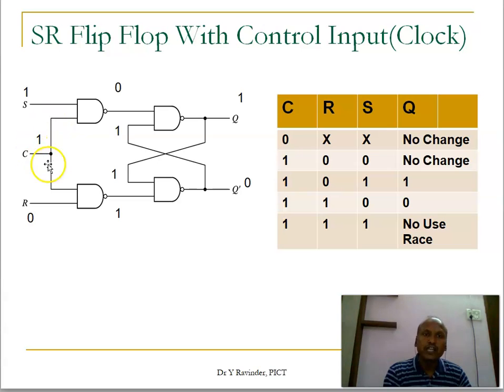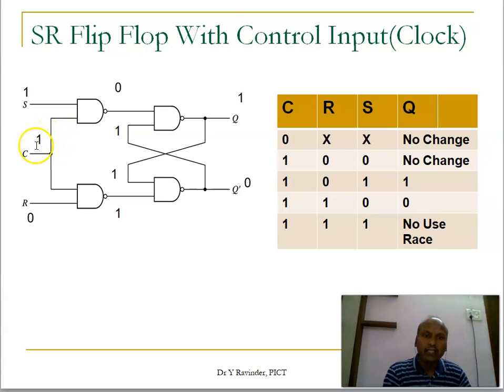So this will control the operation of this SR flip-flop. When this is 0, we know that for a NAND gate, irrespective of the other input, if any one of the inputs is 0, the output becomes 1.